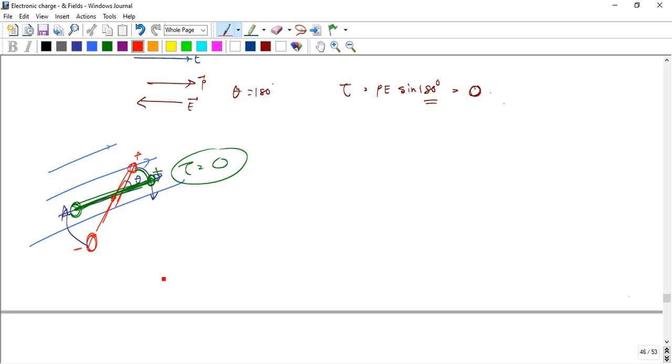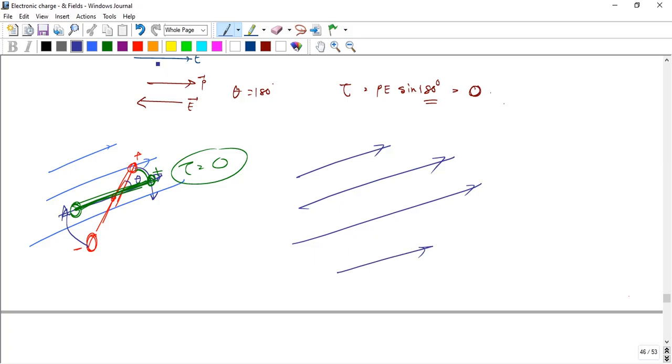Similarly, if the electric field E looks like this and the dipole looks like this, with plus and minus, that is the dipole center and that is the electric field E. We know its rotation looks like this.